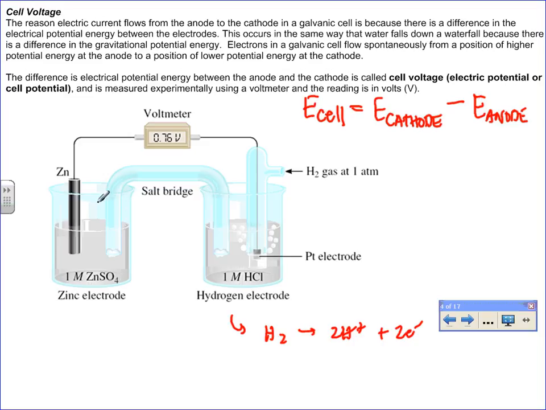So for example, if I want to know what the relative potential of zinc is, I place it up against the SHE electrode and I measure the voltage, the cell voltage, which is measuring the difference in potential between these 2 points. Because I've assigned this to be 0, I am then able to determine what the relative potential of the zinc is compared to the SHE electrode.